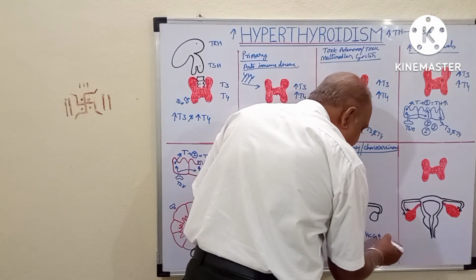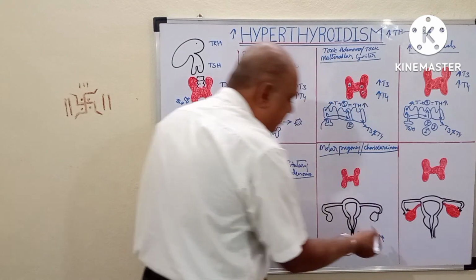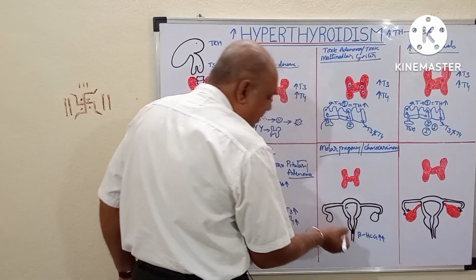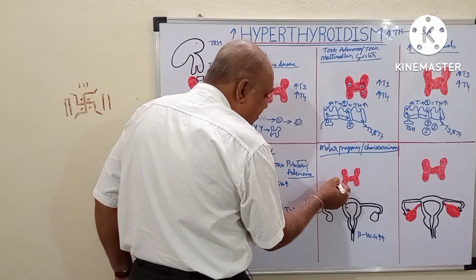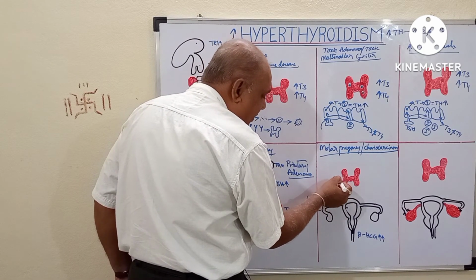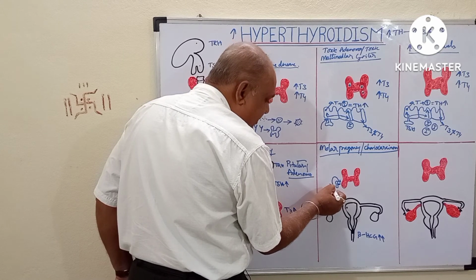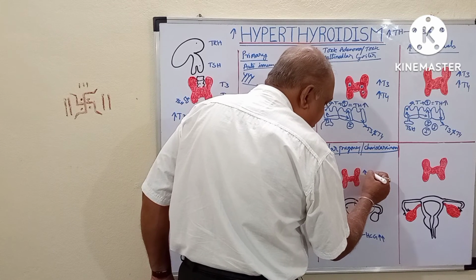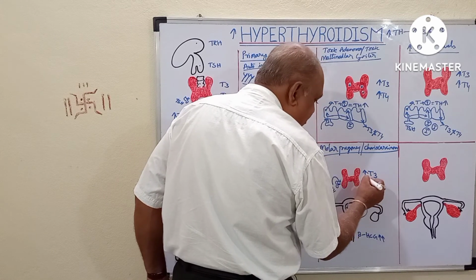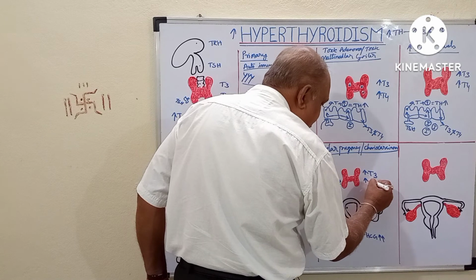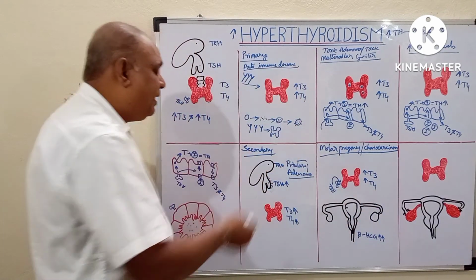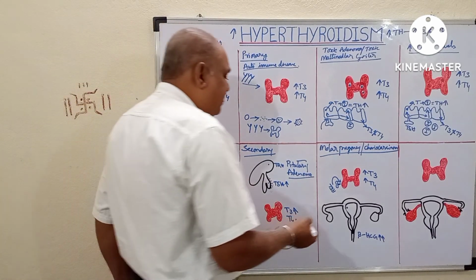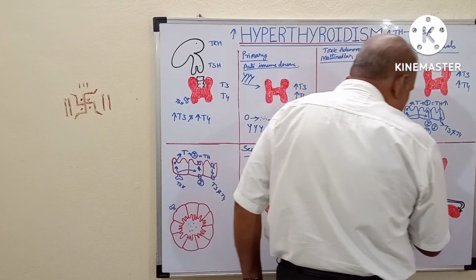Due to any reason, if there is a lot of production of beta HCG, it not only stimulates the uterus but also stimulates the thyroid receptor like TSH or thyroid stimulating hormone, which increases the secretion of thyroid hormone, that is T3 and T4, again an indication of hyperthyroidism.